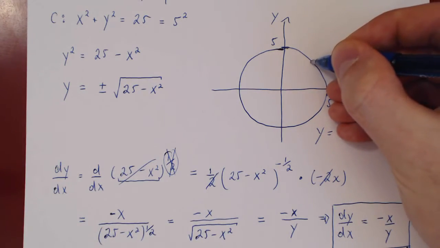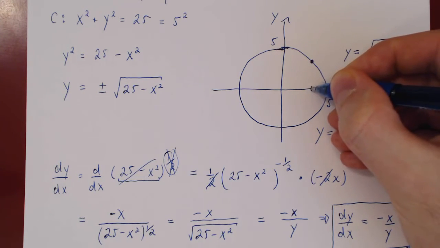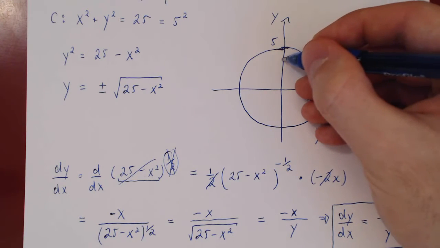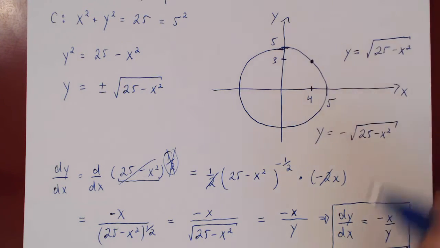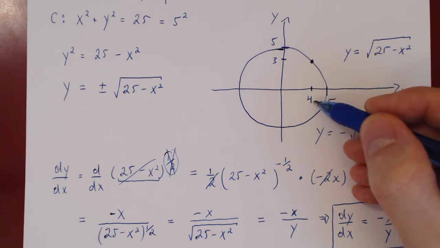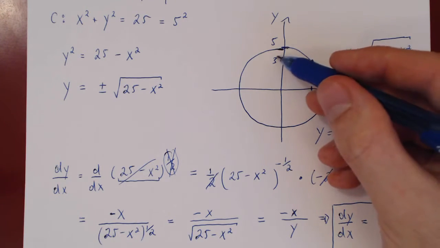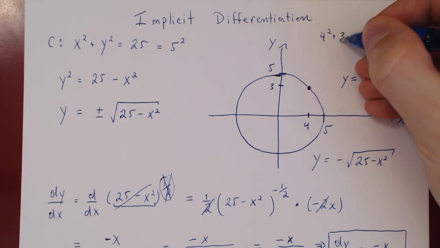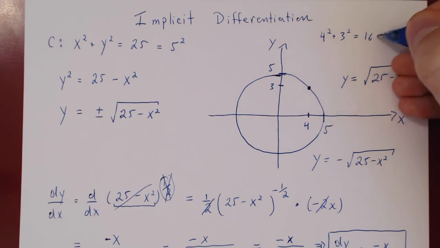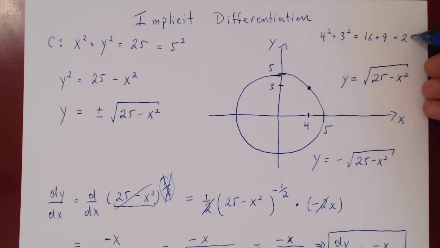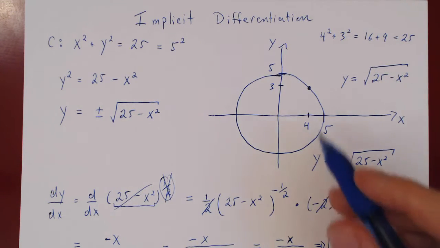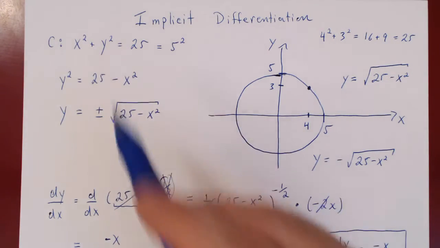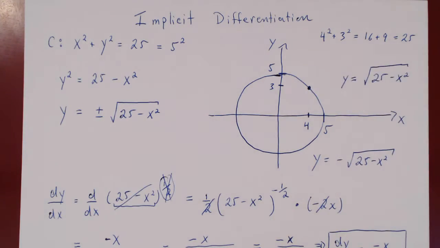If you take the point x equals 4, y equals 3, 4 squared plus 3 squared is 16 plus 9, which is 25. So the point x equals 4, y equals 3 is a solution to the equation of the circle, hence we have a point on the circle.